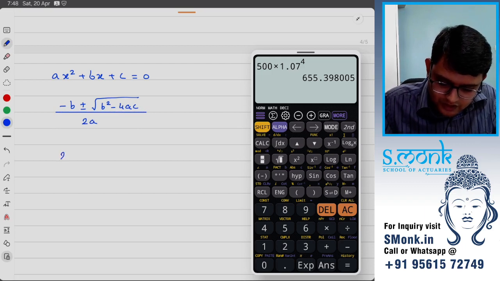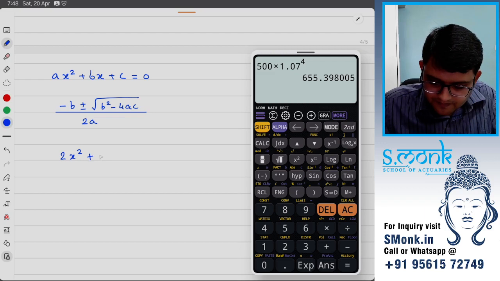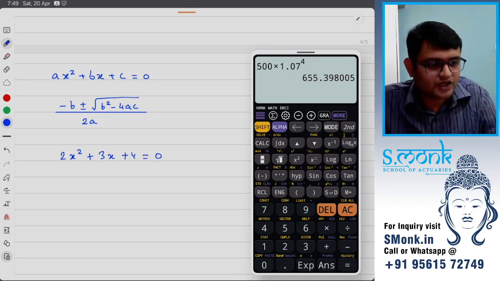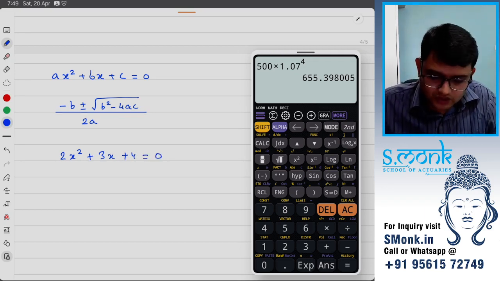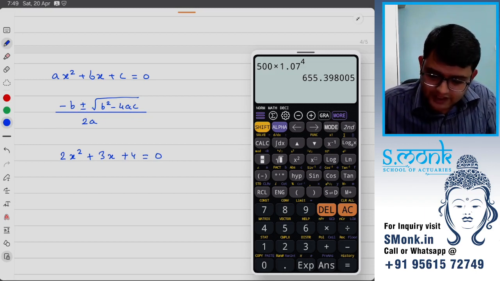So let's say I make an equation. I'll say 2x square plus 3x plus 4 equals 0. Let's say this is my quadratic equation. I cannot have plus minus both of them together, so first I will just use minus.